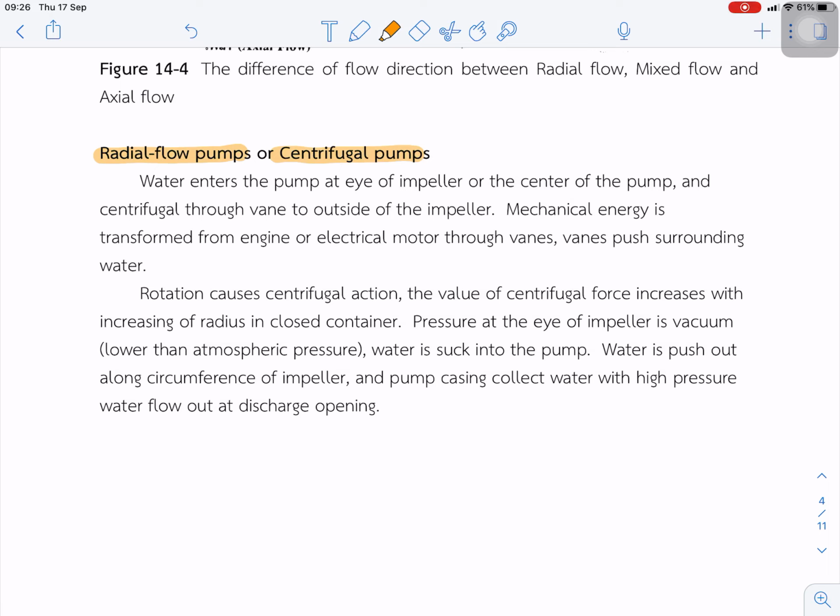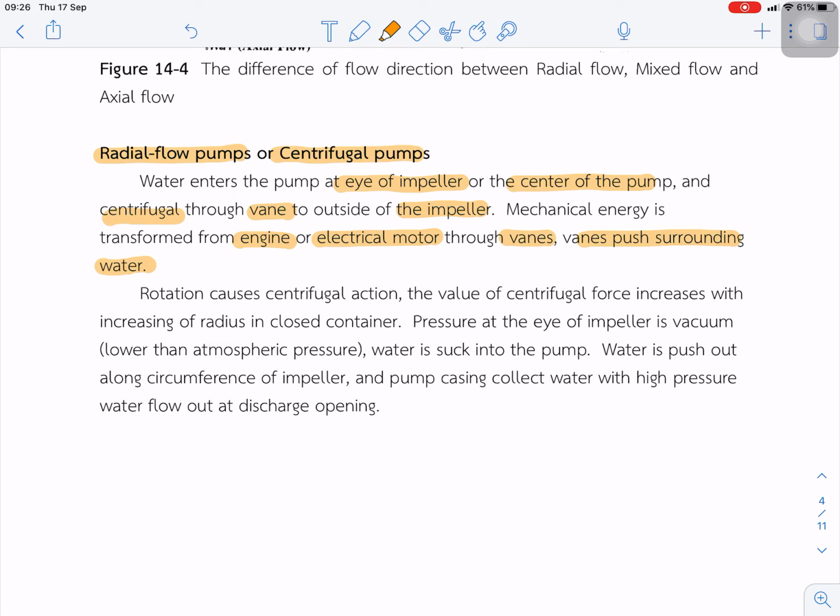In this case, water enters the pump at the eye of the impeller, the center of the pump, and is thrown centrifugally through the vane to the outside of the impeller. Mechanical energy is transferred from the engine or electric motor through the vane, and the vane pushes the surrounding water.